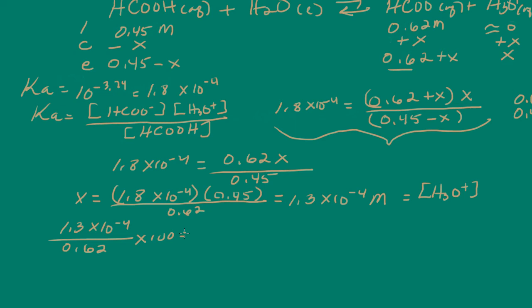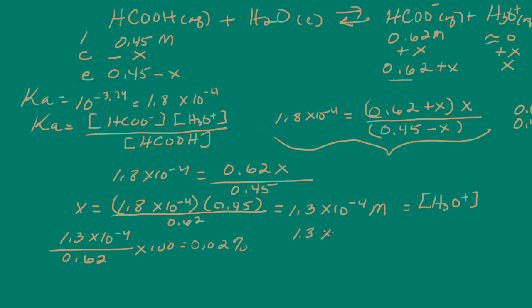And in this case, we're lucky. That is just 0.02%. So let's check the other one. 1.3 times 10 to the negative 4, and then the initial concentration of the acid was 0.45, multiplied by 100, and we get 0.03%. So our assumption then was justified.